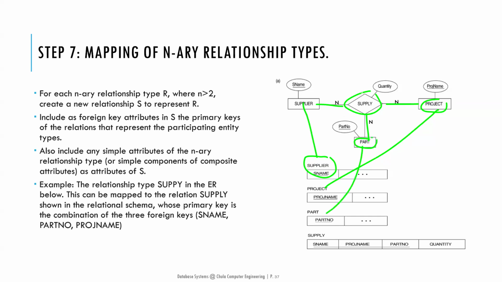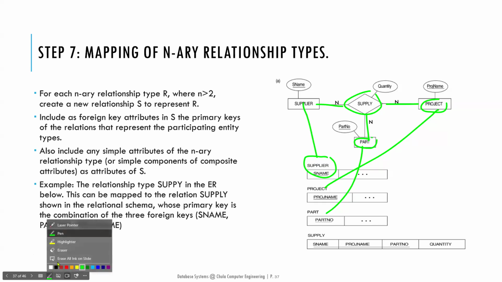So you create one relation for each of the entities that connects to the supply relationship. It doesn't have to do anything with a super key at all. So basically, let me say that again. Let me try the other way around.